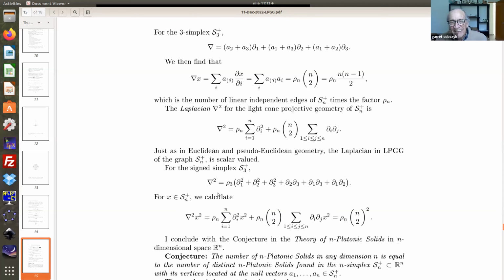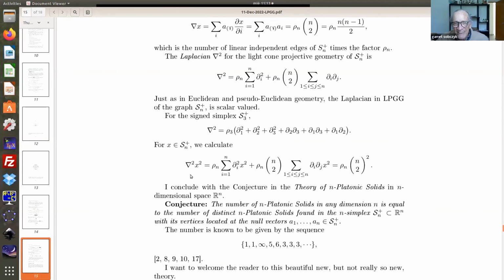If you take these signs, you get rho 3. In this case it's 1/2 to the 1/4 times gamma 1, partial derivative squared x1, partial derivative squared x2, that's the usual Laplacian, plus these mixed partial derivatives. And if you calculate the Laplacian squared of x squared, you get this formula. These formulas certainly work for n equal to 3. I've worked out the details there.